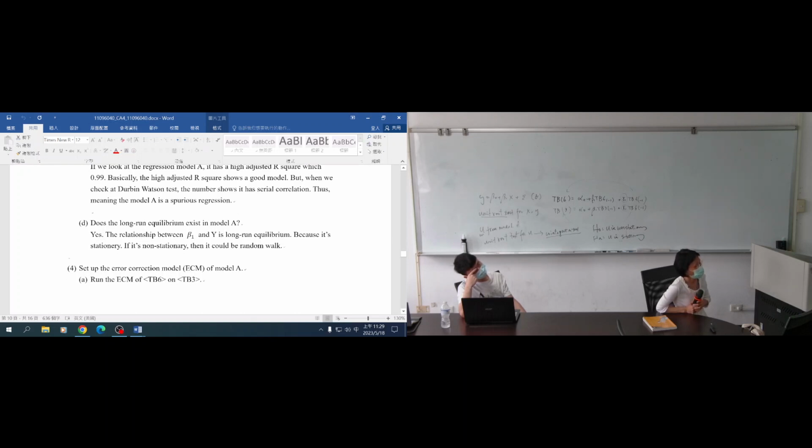Does the long run equilibrium exist in model A? Yes, the relationship between beta 1 and y is long run equilibrium because it's stationary.